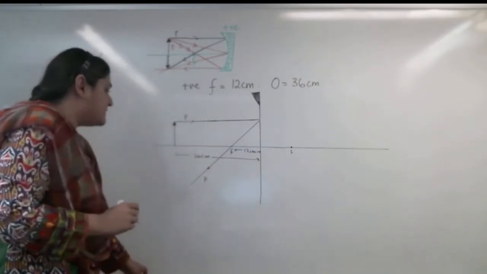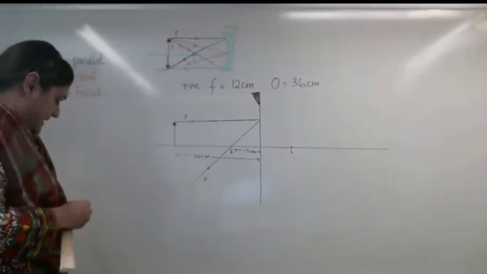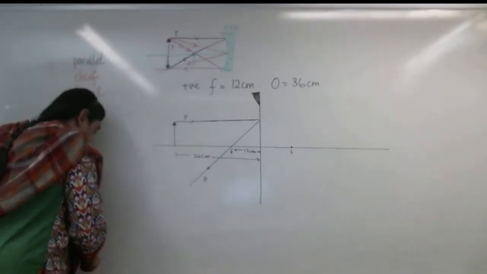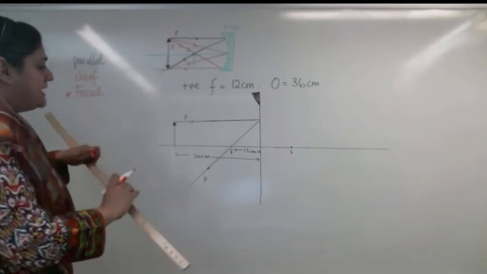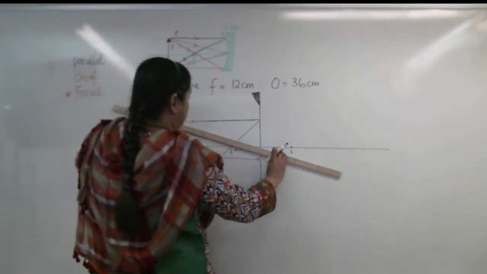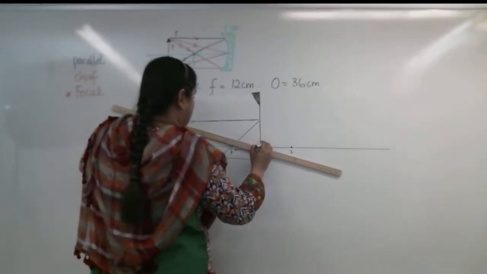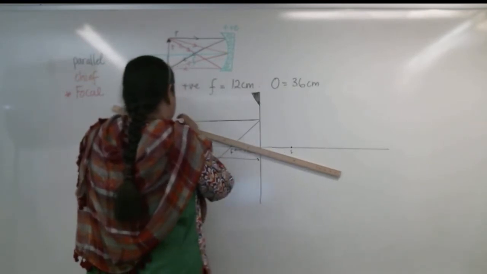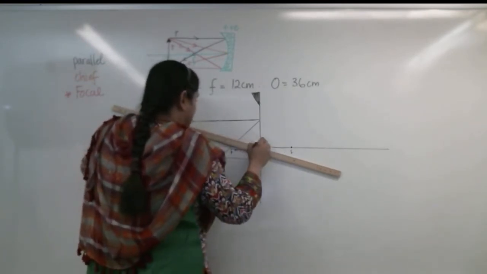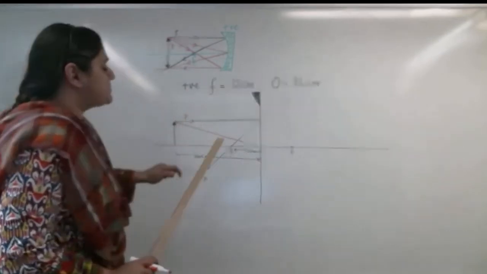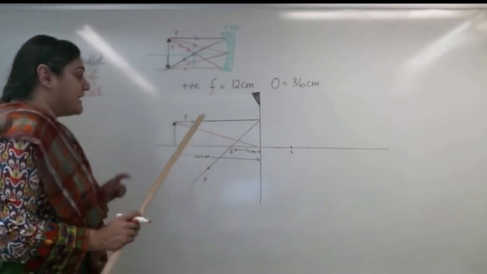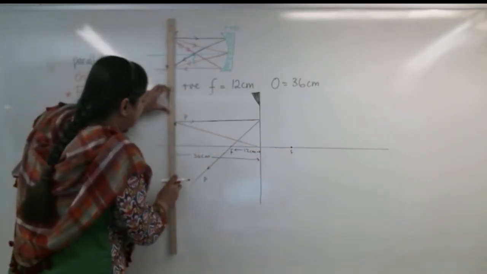Okay? My second ray is going to be my chief ray. And my chief ray goes from the top to the bottom here. This is my real ray, goes here. Now, how do I make sure that my angle is absolutely correct? That's why I said make sure that the height is the same.